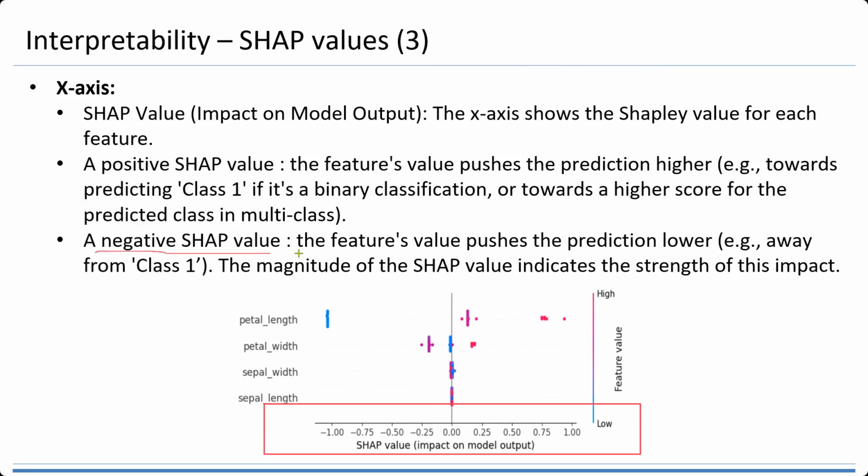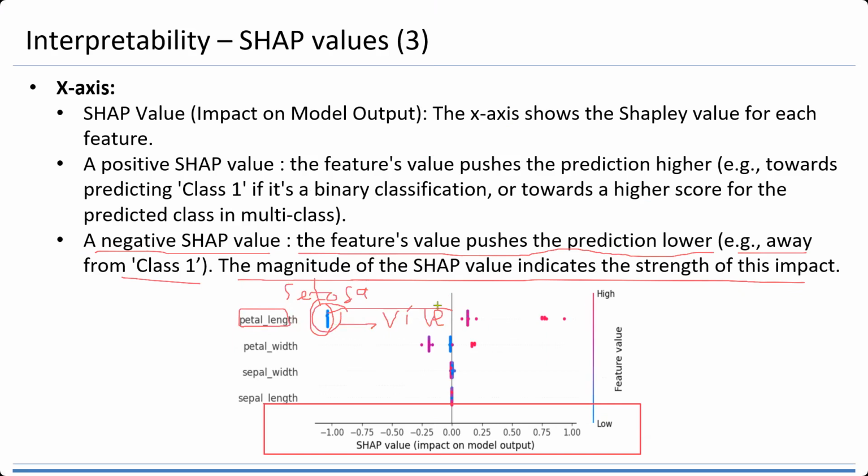A negative SHAP value means the feature value puts the prediction lower, away from class 1. The magnitude of the SHAP value indicates the strength of the impact. So this value is away from the class. Maybe if it is the petal length, a small petal length is more toward setosa. If it is a high petal length, it is more toward either virginica or versicolor.